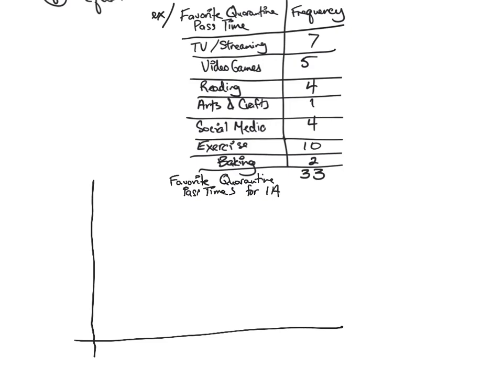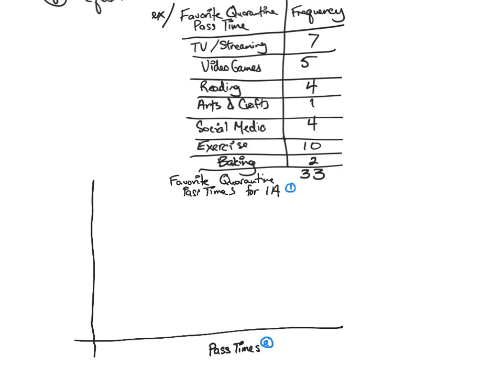Second thing we need is an identification of the horizontal axis. So this would be pastimes. So this, just in case you're keeping track, this was number 1. This is number 2. Number 3 is identification of the vertical axis.